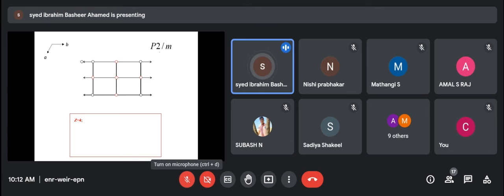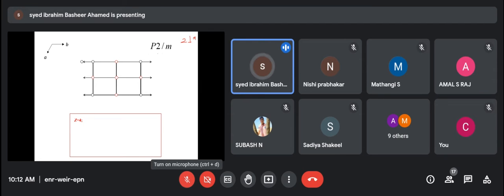So then we have P2 over M. What does 2 over M mean? You have a twofold rotation axis, and perpendicular to that, you have a mirror plane.